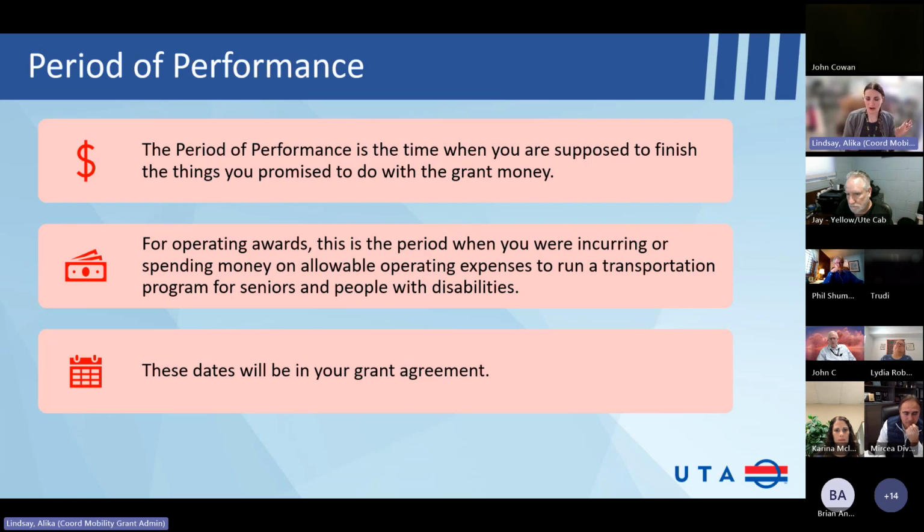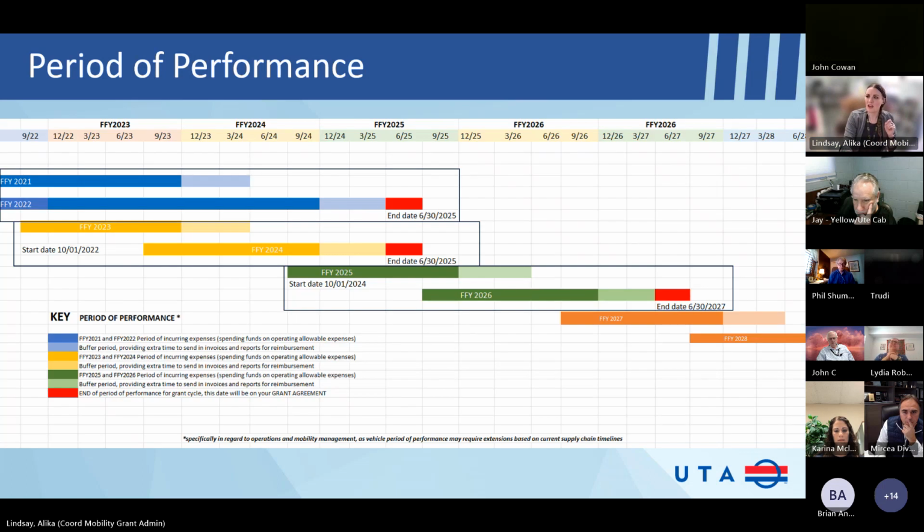These dates will be in your grant agreement, and we're going to try to make them even clearer this time and separate capital from operating. That's my plan for this grant cycle. And Tracy even said maybe making one sheet where I have all your dates in your grant agreement, so you can print that paper off and tape it to your wall. Something that will help you remember what those dates are.